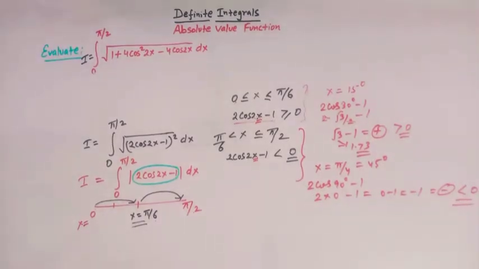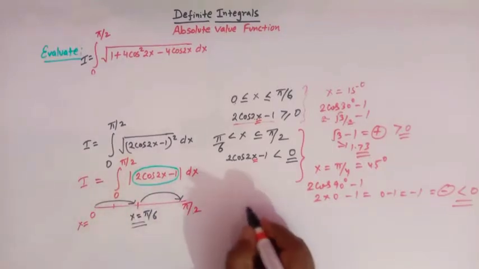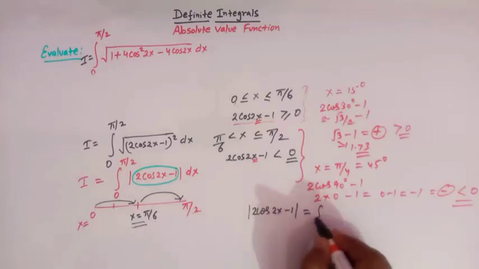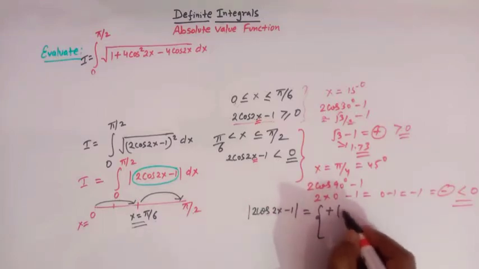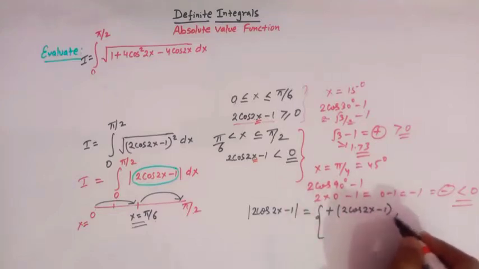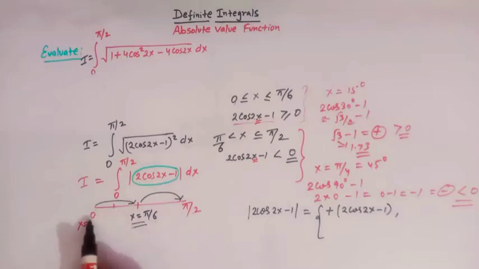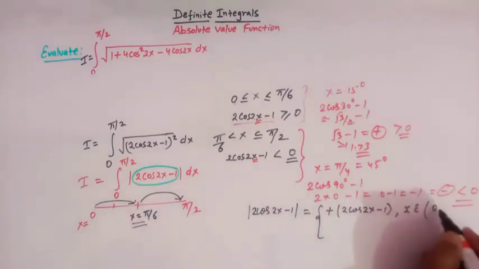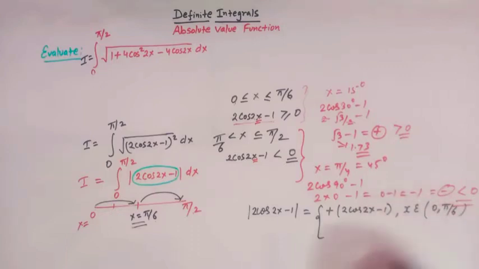So now this absolute value function, that is mod of 2 cos 2x minus 1, can be written as positive 2 cos 2x minus 1 whenever x lies in the interval 0 to pi by 6, right?